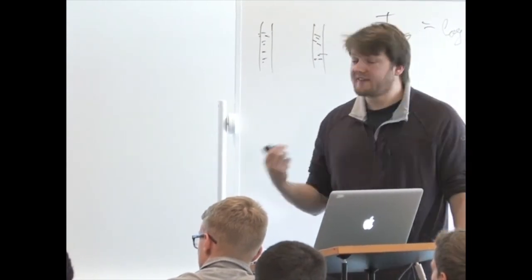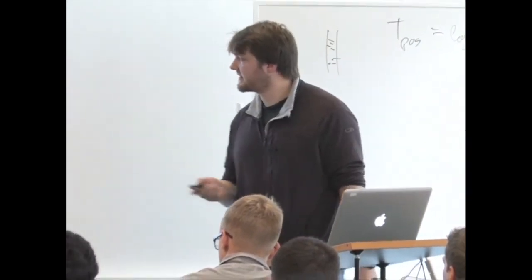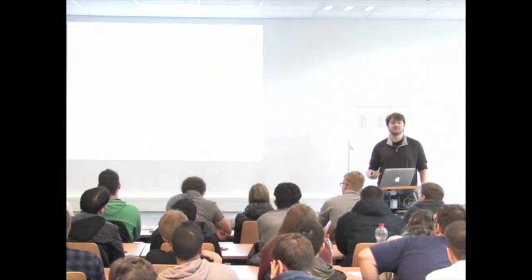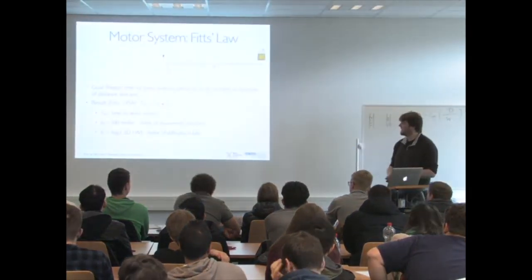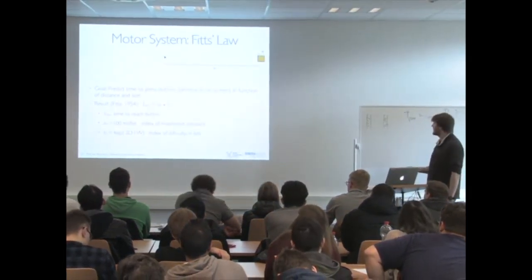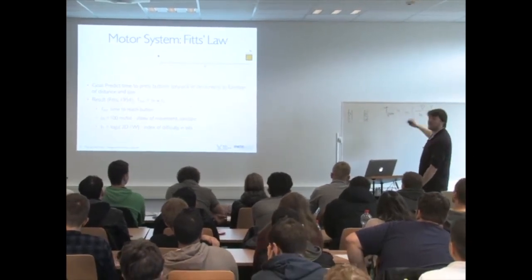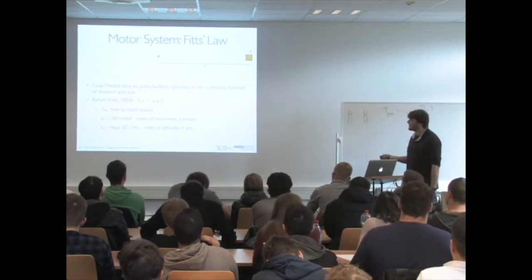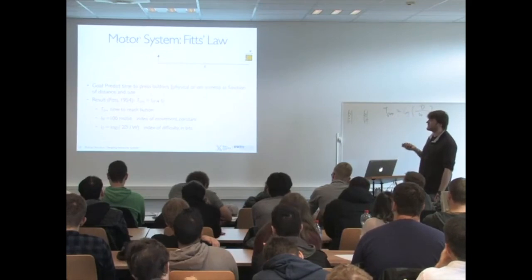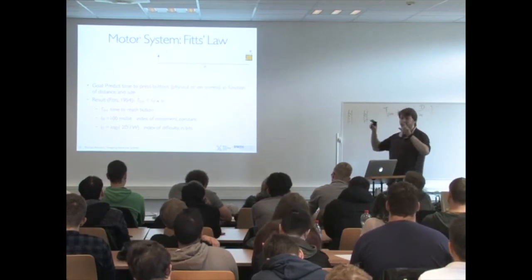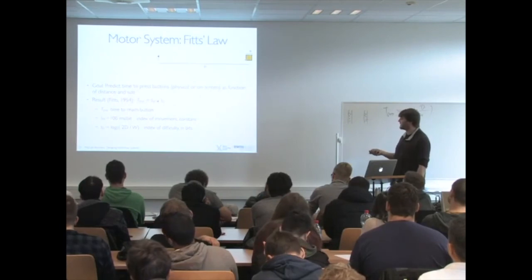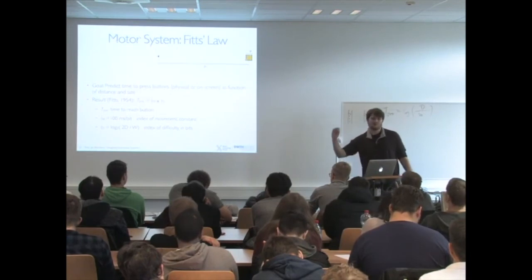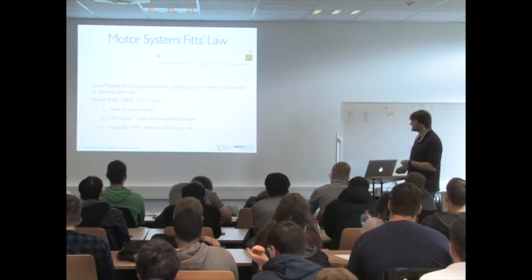And it's measured in milliseconds per bit, which makes sense when I show this one. And the second parameter is the index of difficulty. So how difficult is it to reach this target? And this is dependent on the distance and the width. So sort of similar to what we already observed in this little experiment. And since it's a logarithm to the base of 2, you can say this is in bits, and so when you combine these, you get a time in milliseconds that you estimate it takes to reach this target.